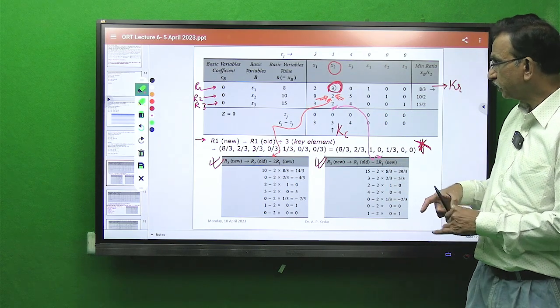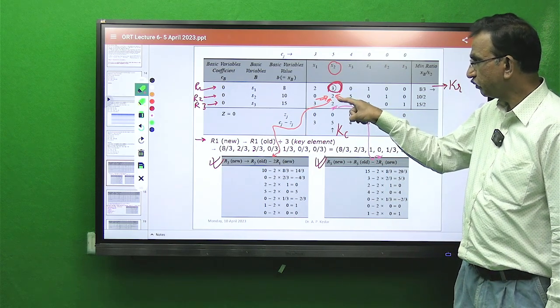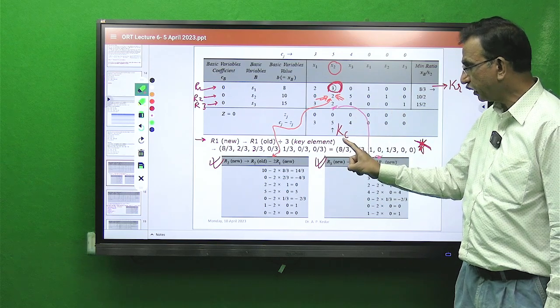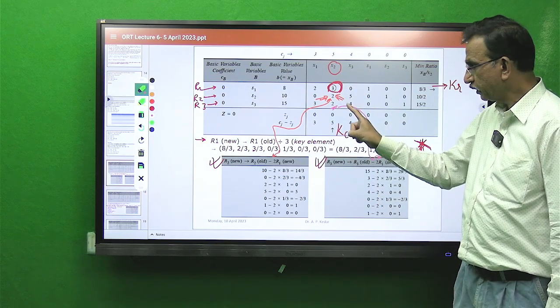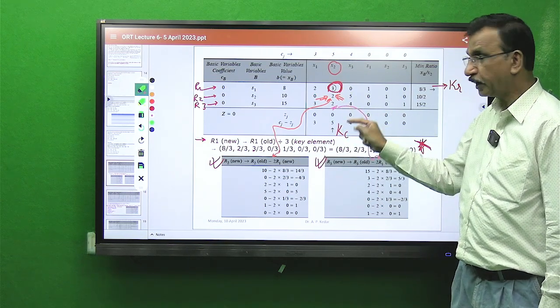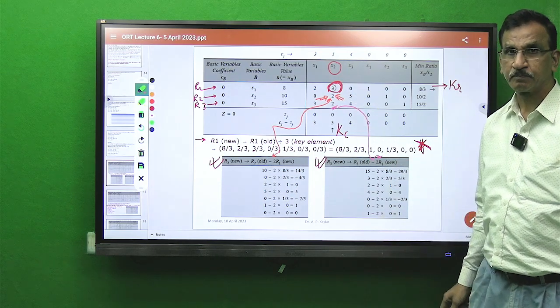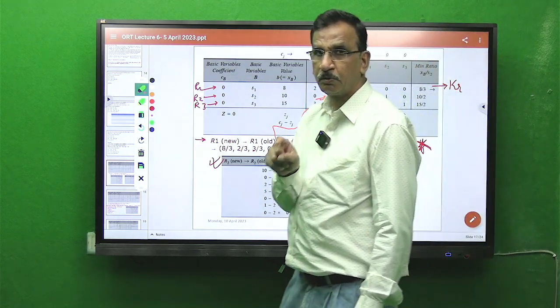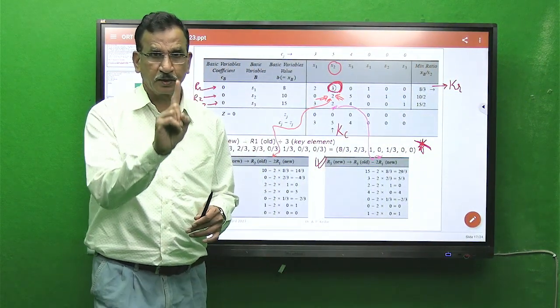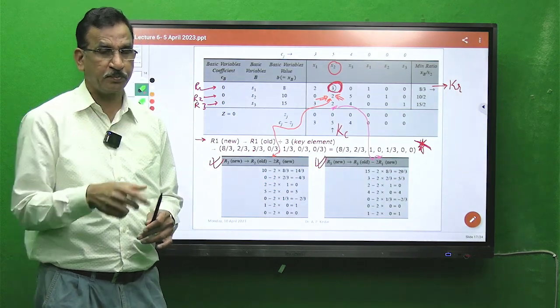So whatever these values are, the multiplication values are the values at the intersection of the key column and the row which is being replaced.